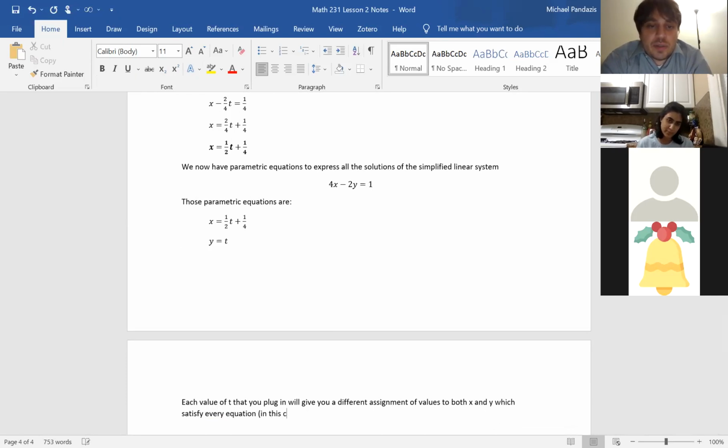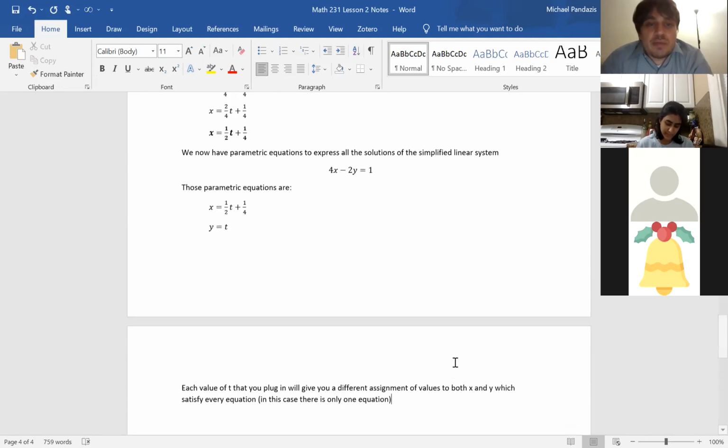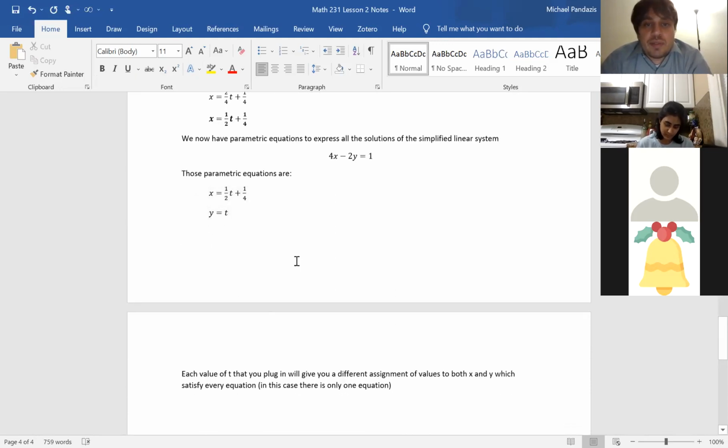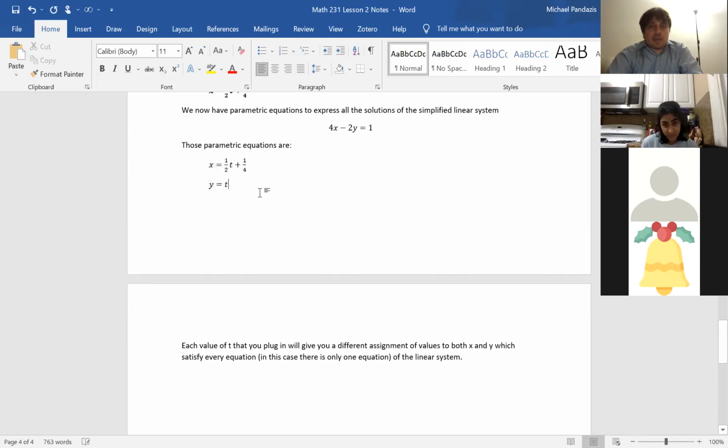In this case, there's only one equation of the linear system. So these are the parametric equations expressing all the solutions x comma y of that linear system.